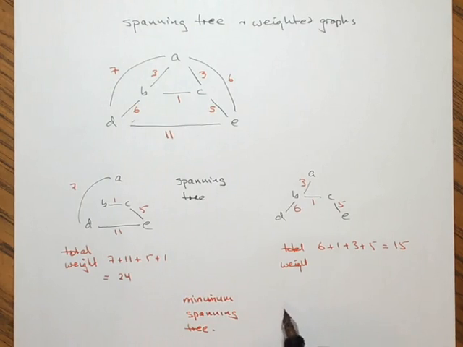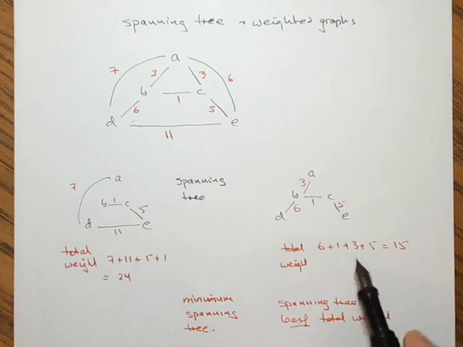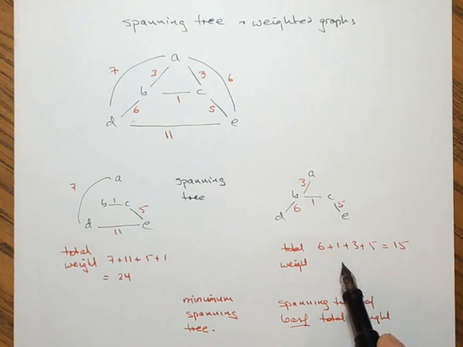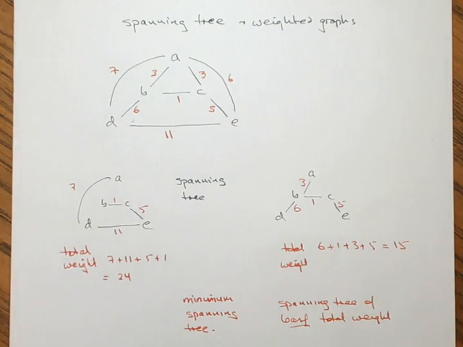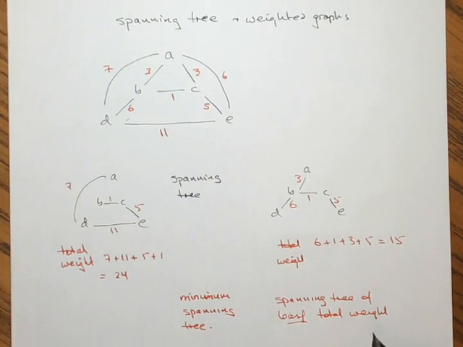So what's the spanning tree of least total weight? Now clearly this one is not, but this one, can we do any better? Is there another tree in there that is cheaper to build? And the answer is, well, we'll see next time when we work out an algorithm.